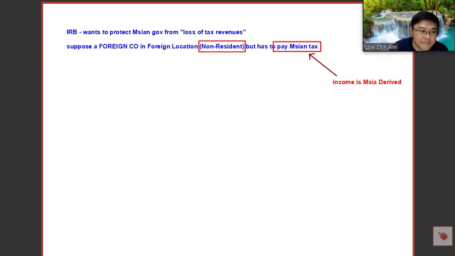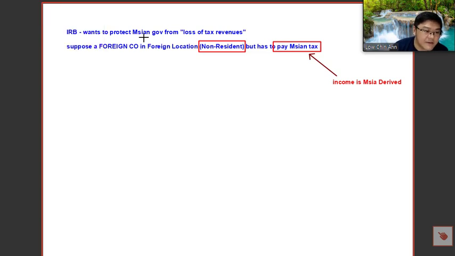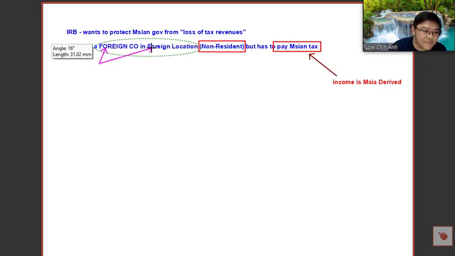But think about this. If this is a company overseas, not a Malaysian company, and you say that this overseas company has to pay Malaysian tax, the question is, how would the company do that? Isn't it difficult?